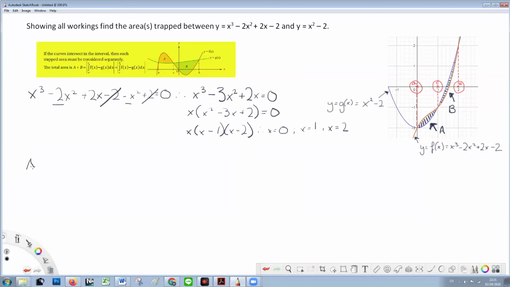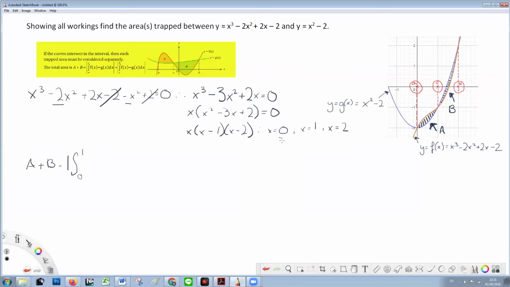So I'm left with A plus B is equal to the integral. Now I'm looking for f of x minus g of x, but I've already done that subtraction: f of x was x cubed minus 2x squared plus 2x minus 2, and g of x was x squared minus 2. I've already done that, and I got this answer. So I'm just going to plug that in, and my first is going to be 1 and 0.